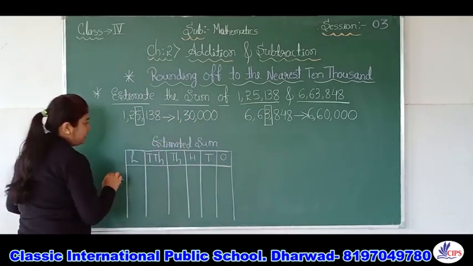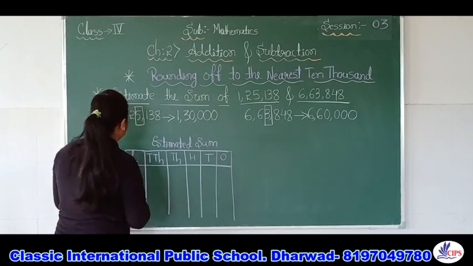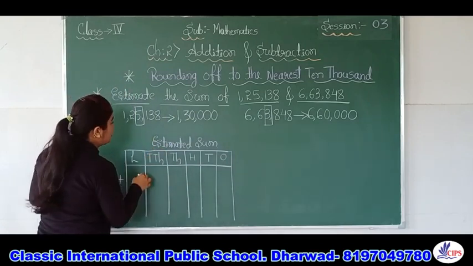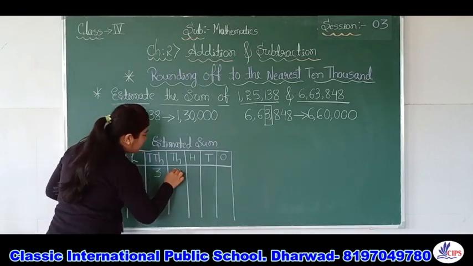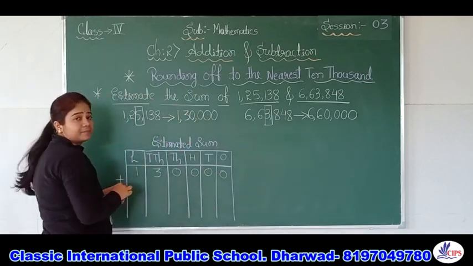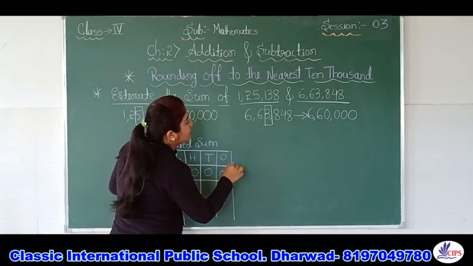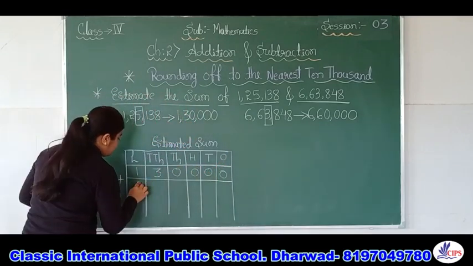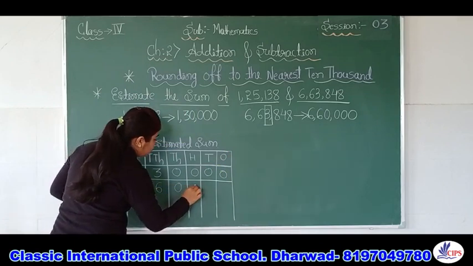This is the estimated sum. So we'll write the numbers here. First one lakh 30,000. Next one 6,60,000.